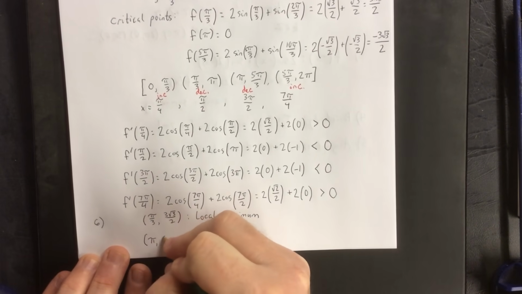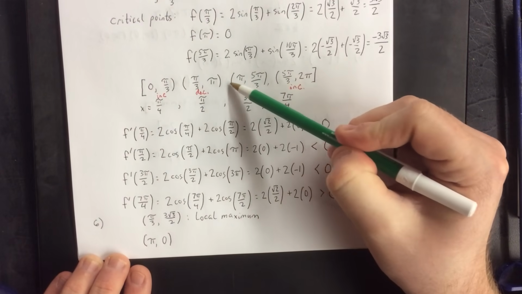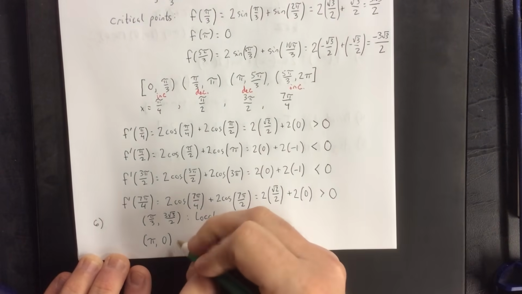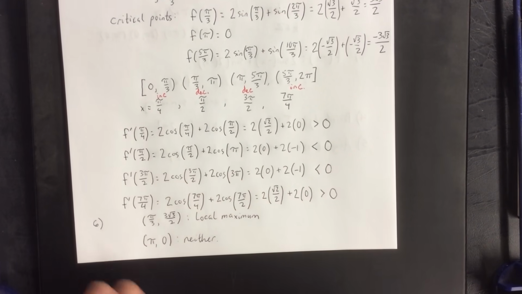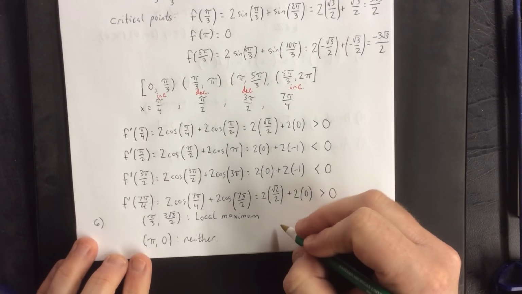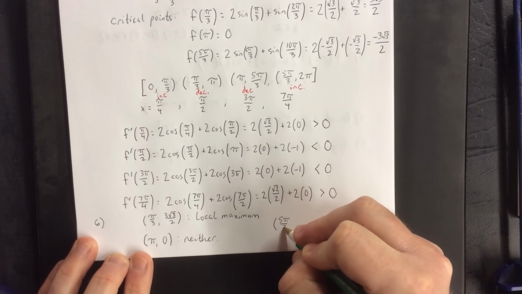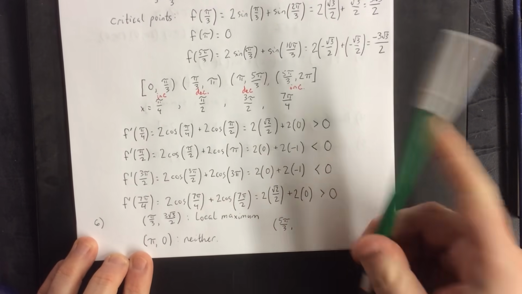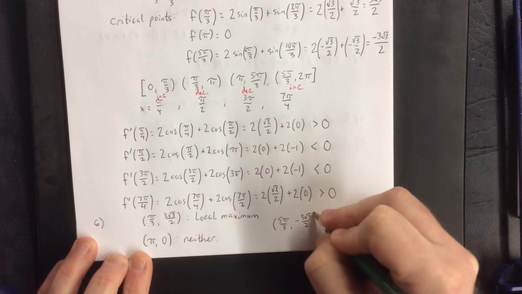Change from increasing to decreasing, you got yourself a maximum. At pi, comma, 0, we're decreasing, it flattens out, and then it begins decreasing once again. That is neither a local maximum nor a local minimum. Local maximum and local minimum is where it changes between increasing and decreasing. And our last critical point was at 5 pi over 3, comma, negative 3 square root of 3 over 2.